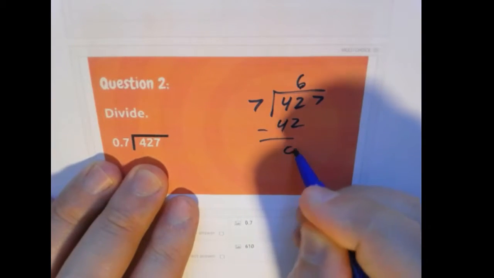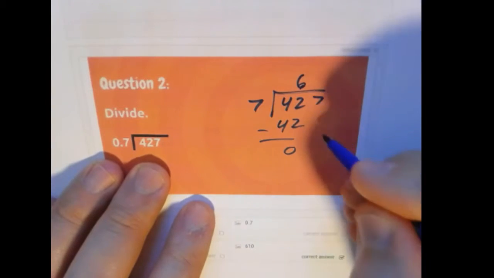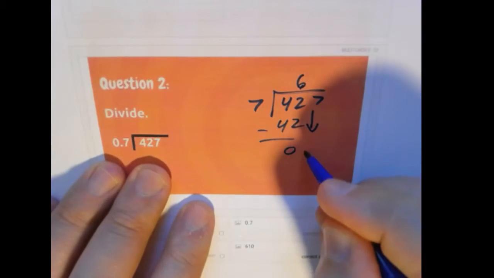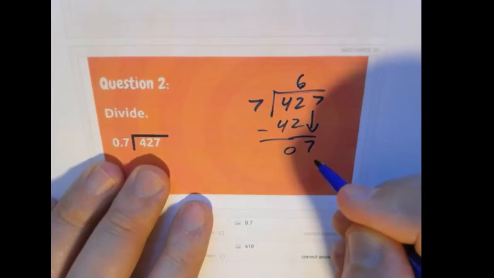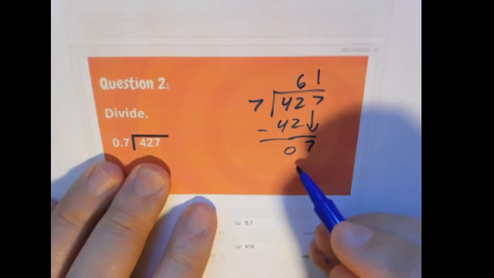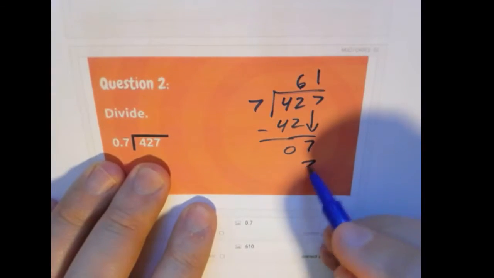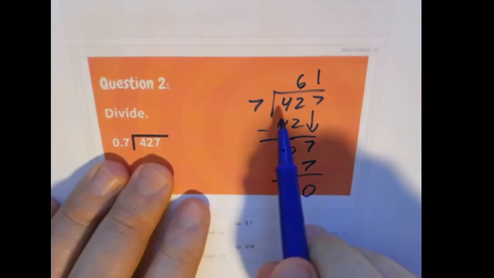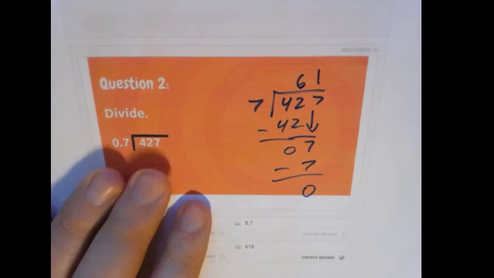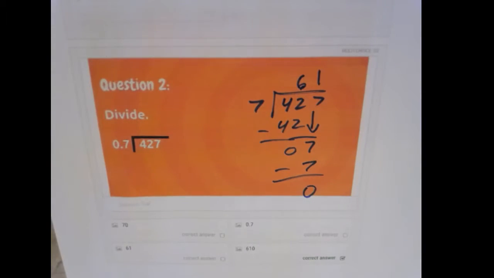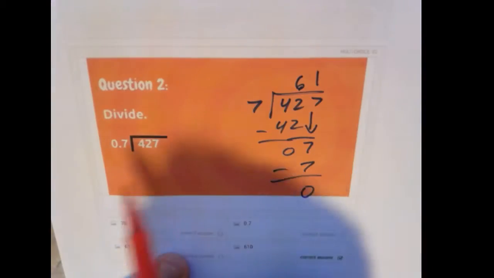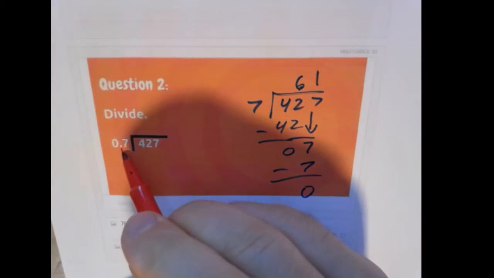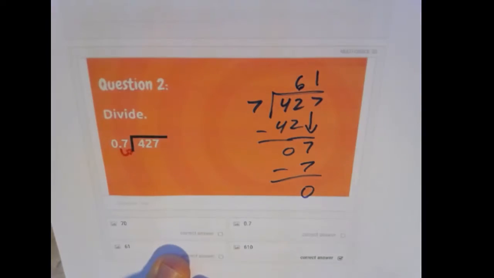Find the difference. 7 does not fit into 0, so let's get some help from the next digit. Does 7 fit into 7? Exactly 1 time. 1 times 7 is 7. Subtract and get 0. Okay, so 427 divided by 7 is 61. But remember at the beginning, to go from 0.7 to 7, we move the decimal point one spot to the right.